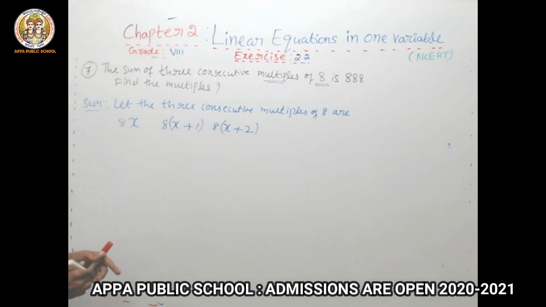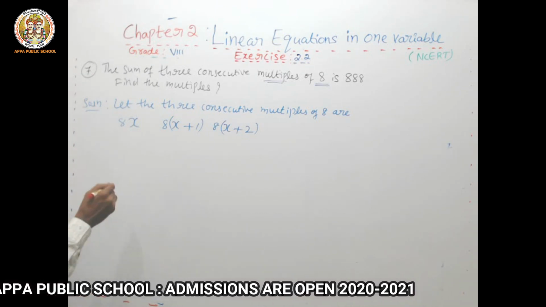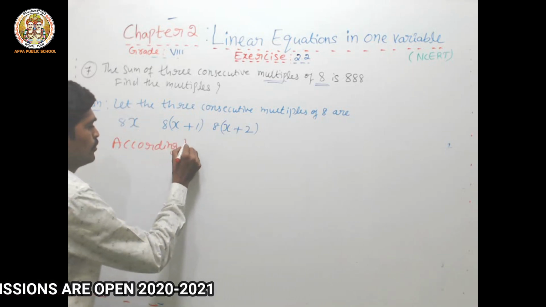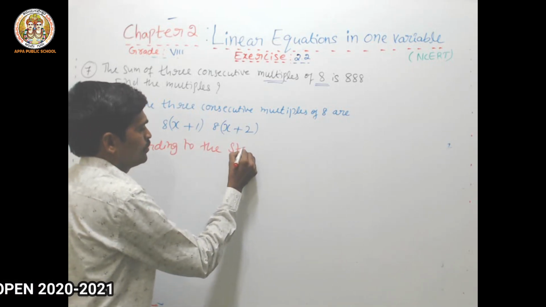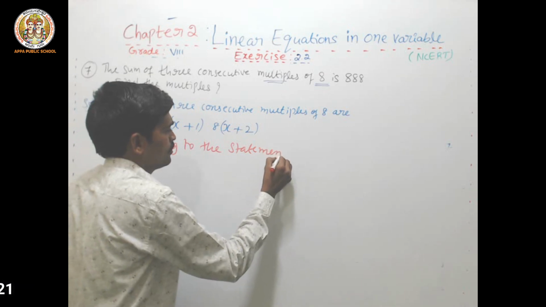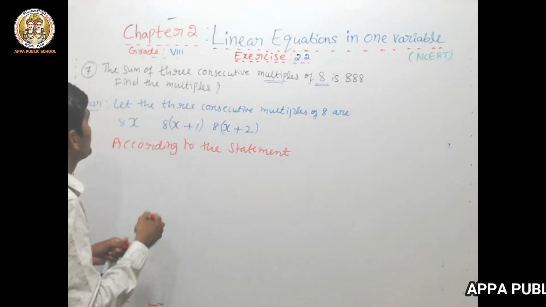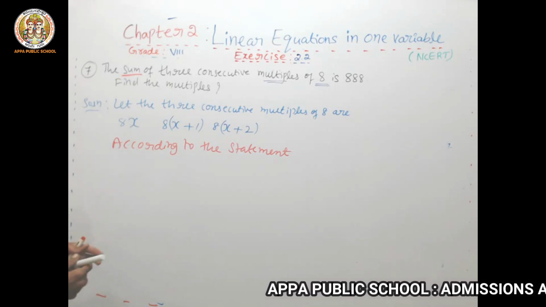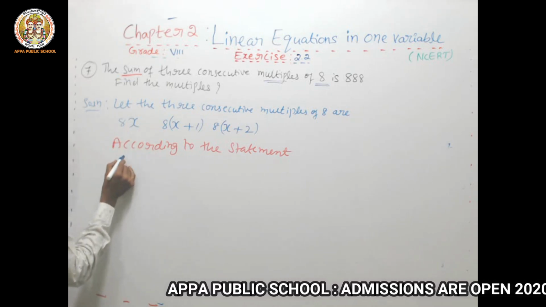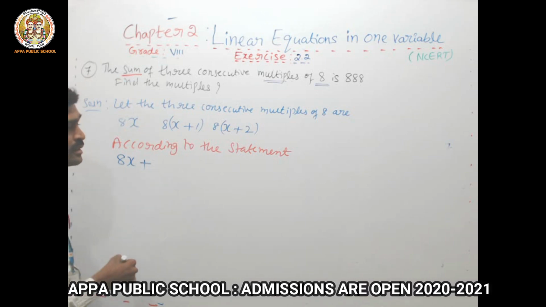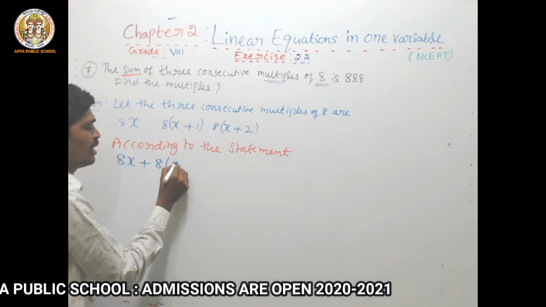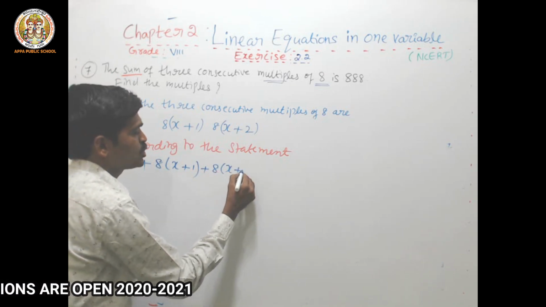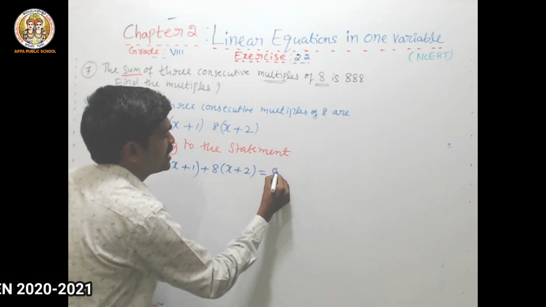Now, according to this statement, see, sum means addition. First multiple, 8x, plus second multiple of 8 of x plus 1, third multiple 8 of x plus 2 is equal to 888.